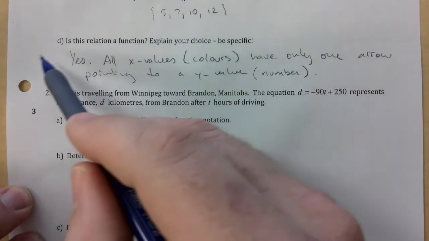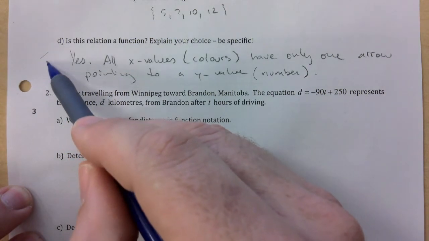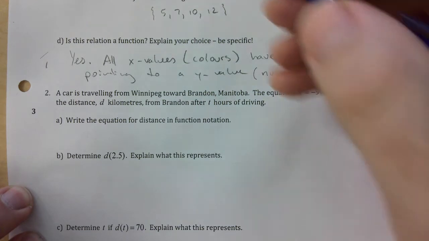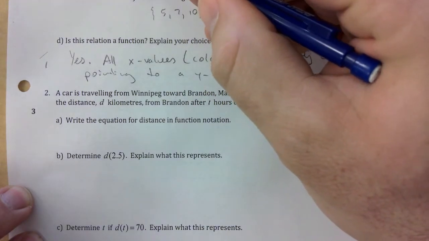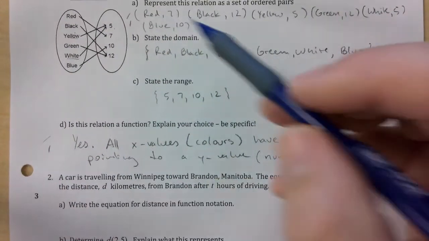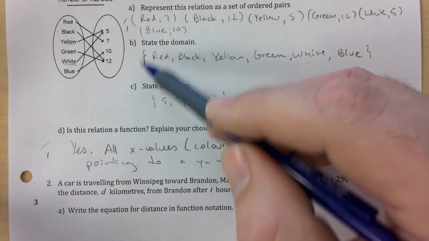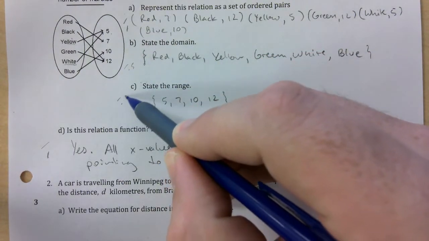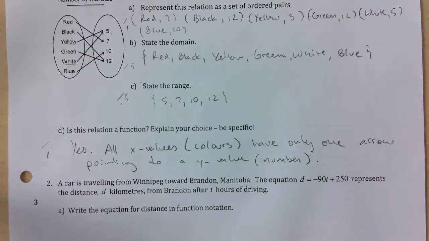I would give you 1 mark for this, and then 1 mark for A. Sorry, 1 mark for A, and then these two combined would give you 1 mark. So half for the domain and half for the range. That's how I would break this down into 3 marks.